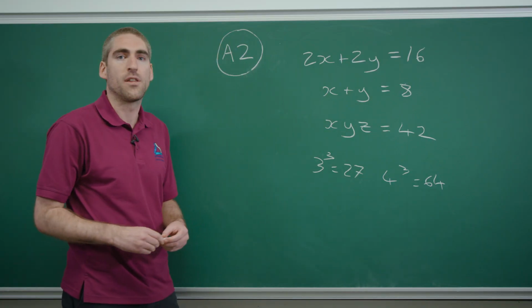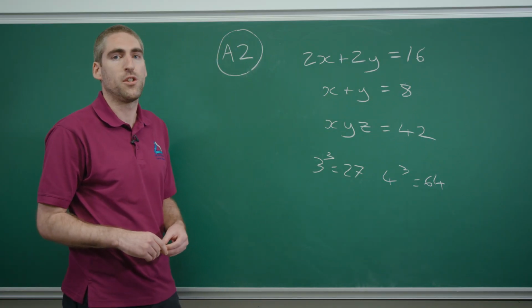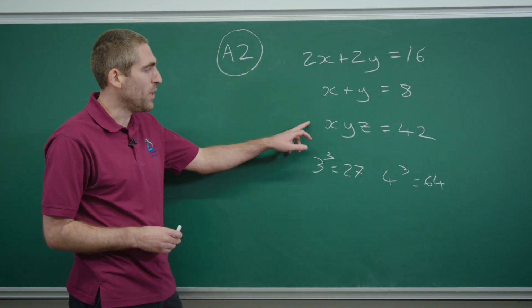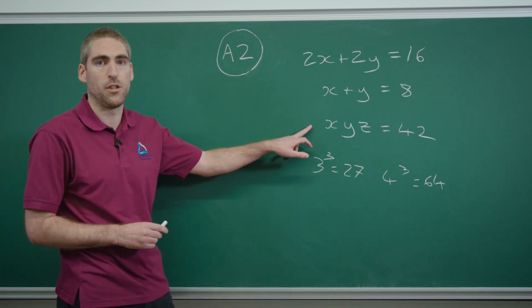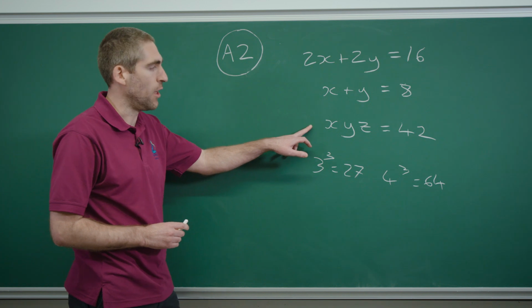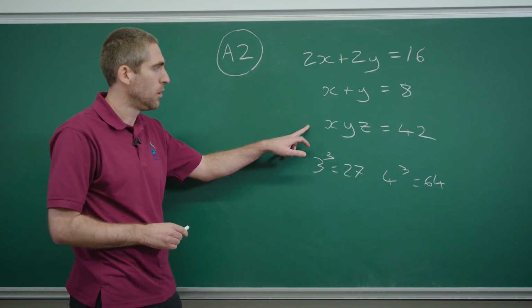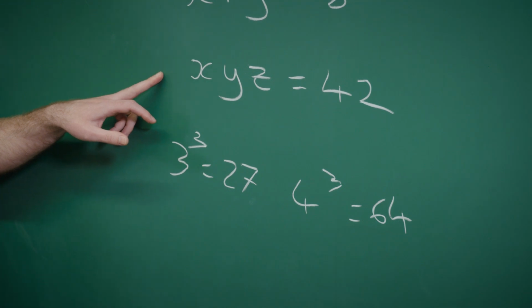And that means that the cube root of 42 is between 3 and 4. And that means that when we list our factor triples of 42, the smallest factor has to be one of 1, 2, or 3. We're now going to list all the factor triples of 42.